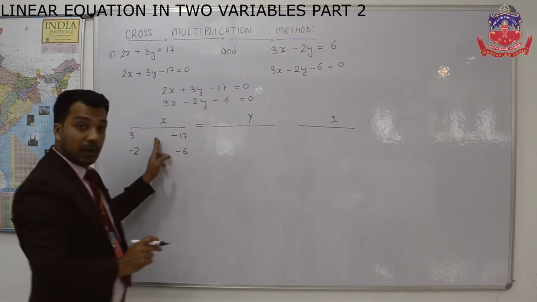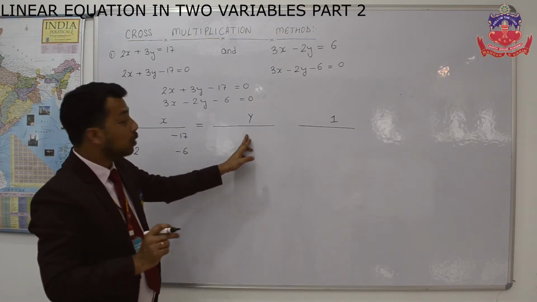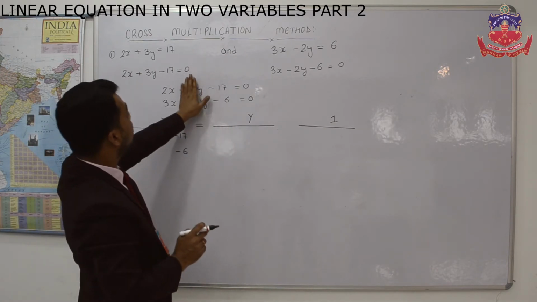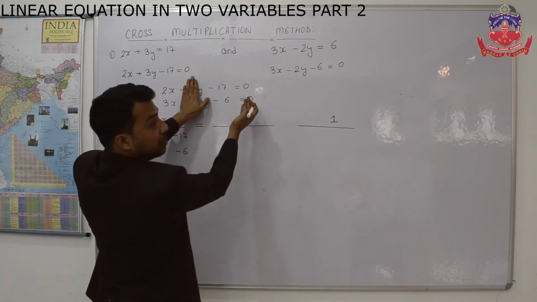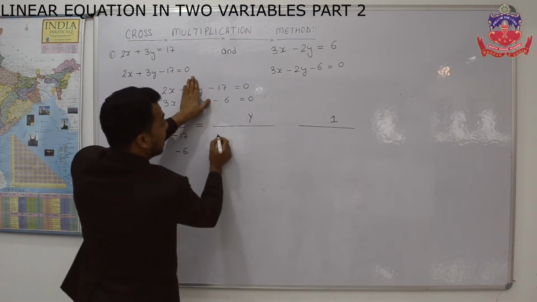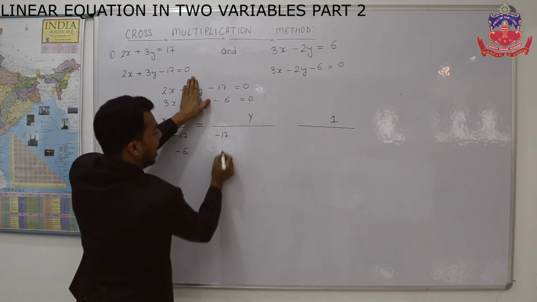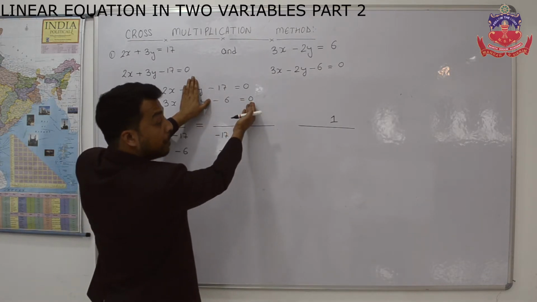So x is over, now you go for the y. I need to now write the numbers for y. So we will cover the y section, and after the y, whichever numbers are visible, you will write those numbers first. The numbers that are visible are minus 17 and minus 6. After that, since we do not have a number, you come to the front.